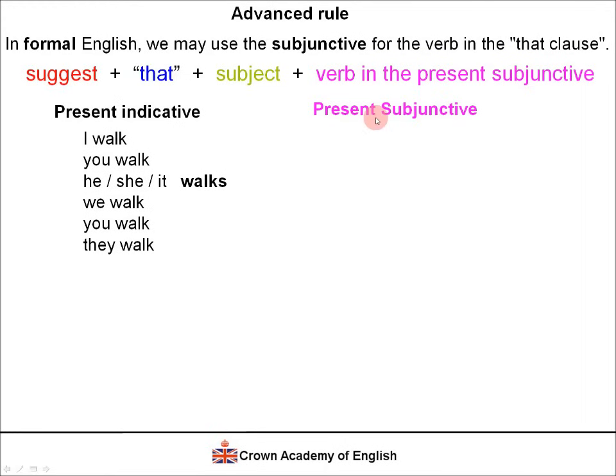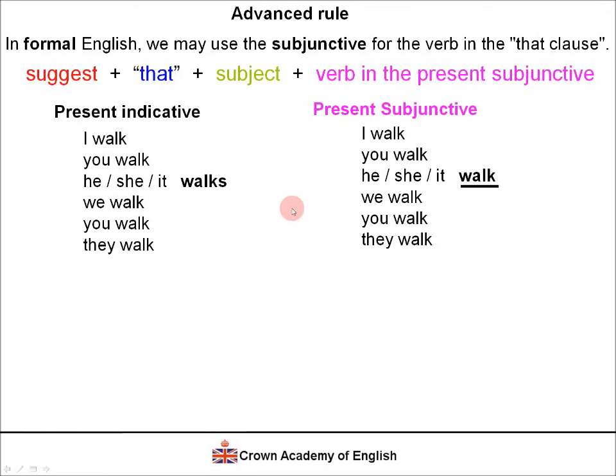Now, the present subjunctive is slightly different. It's I walk, you walk, and this is where it's different: he, she, or it walk. Okay, there's no S in the third person singular for the subjunctive.